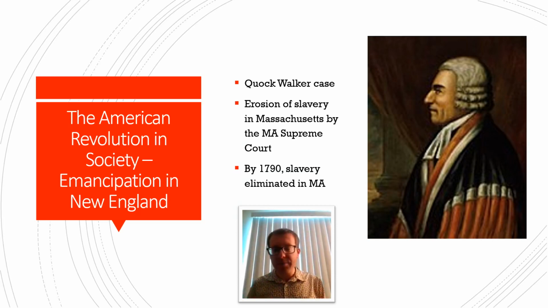And so enslaved peoples, some who fought for the Continental Army against the British in New England, see an opportunity in this new republic, and they petition the government for their freedom. They say, okay, we are now a new nation that argued that everyone should be free, right? Everyone should be free and equal. And so they take the slogans of the American Revolution and they say, why don't they apply to me?